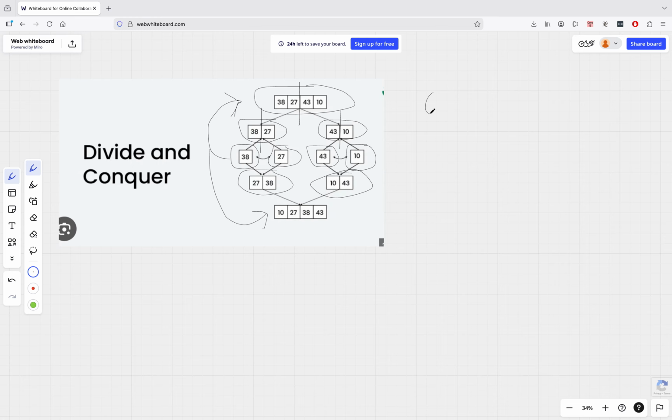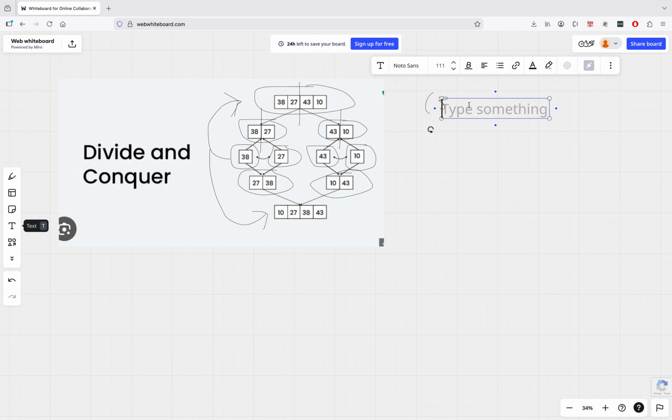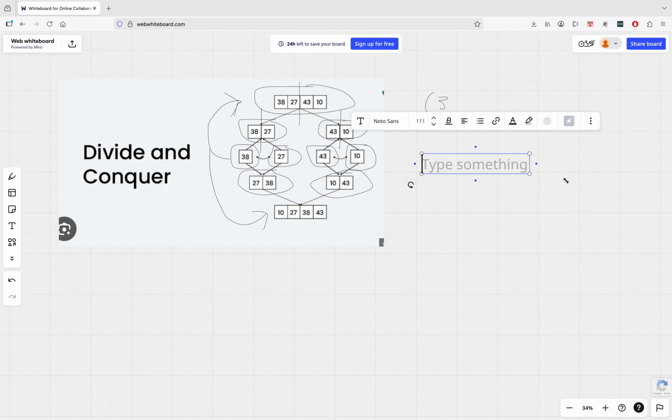We were able to break this down into 38, 27, 43, and 10. These are the subproblems that we broke this down into.